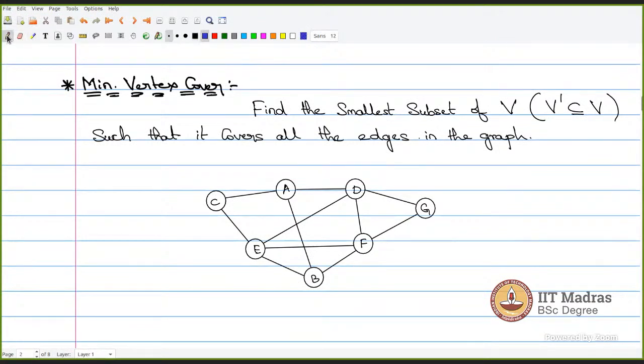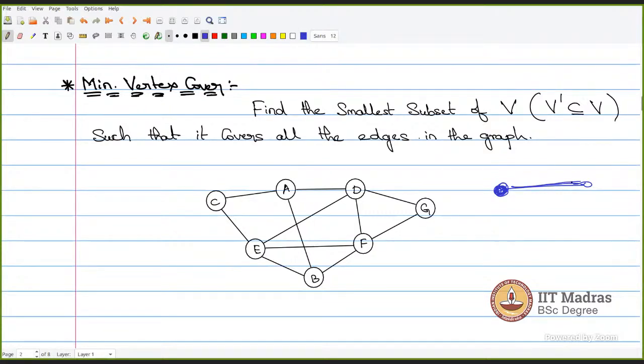If I have 2 vertices and I choose this vertex in this V prime, then this edge is covered with respect to this vertex. So I should choose any one vertex from each edge. And on the whole graph, I should choose very few vertices such that every edge is covered.